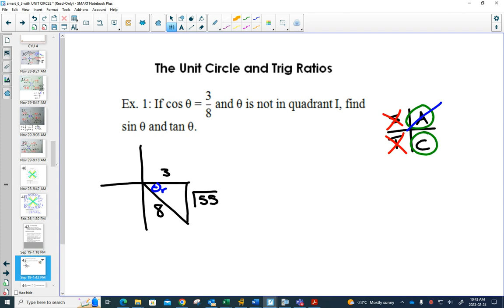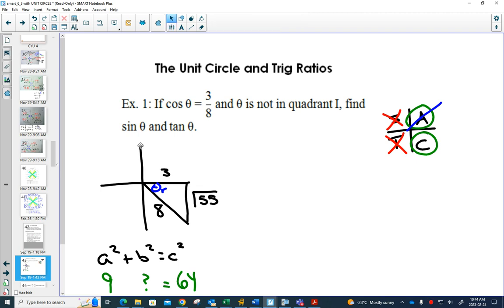Because you're doing a squared plus b squared equals c squared in your head, you would know that this one is 9, this one is 64, and this is the one that you're trying to figure out. So 64 minus 9 would be 55. That would equal b squared, and then you'd square root both sides. So b would be the square root of 55.